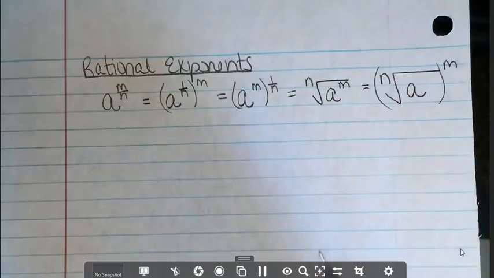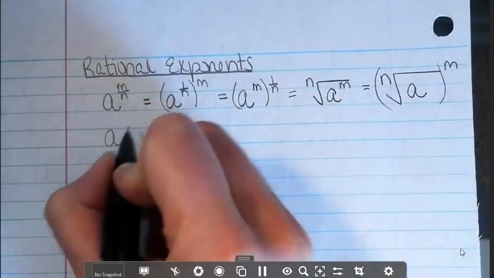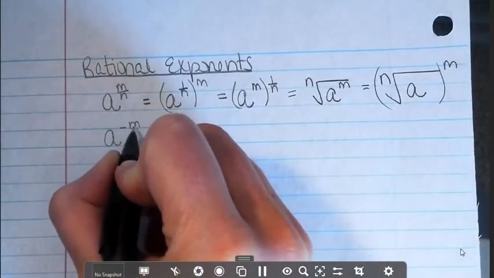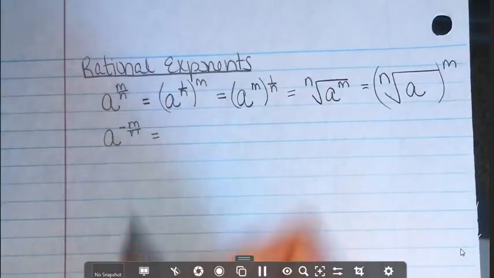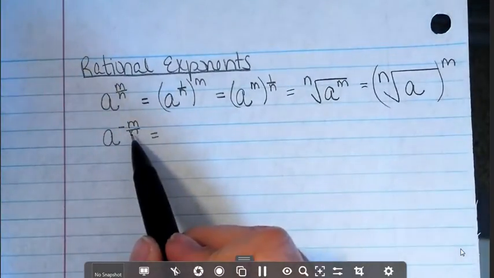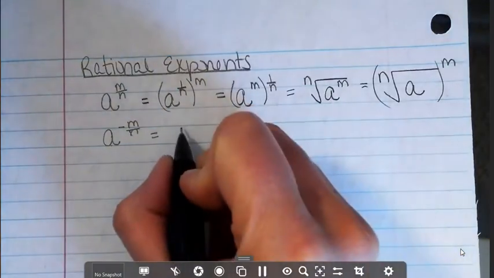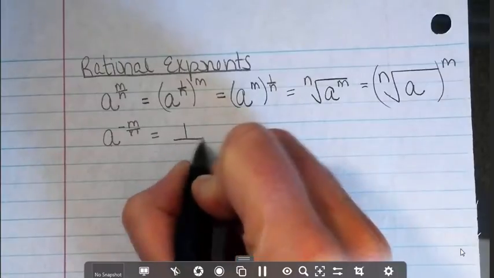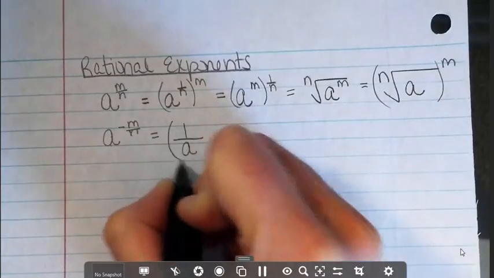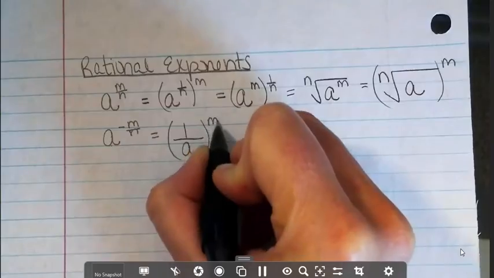Another property here was, what about our negative exponents? Remember what happens with negative exponents. It basically flips whatever the base is, right? So I could write it as 1 over a to the m over n.